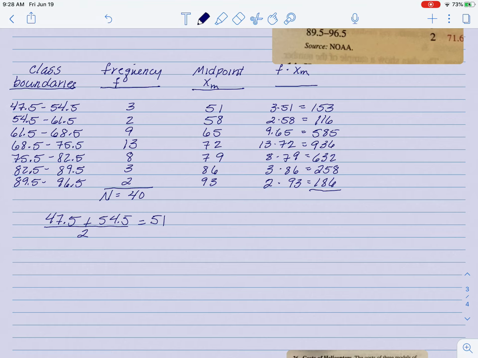Now the sum of all the data, that's the sigma variable. That's a summation symbol. The sum of all those X values is going to be the sum of this column, frequency times midpoint. So we have to add up all these values, and I get 2866.